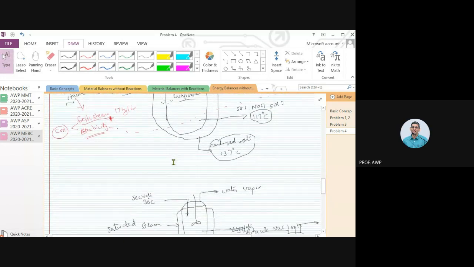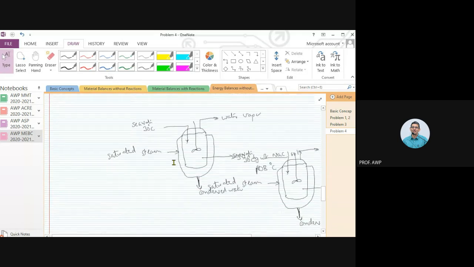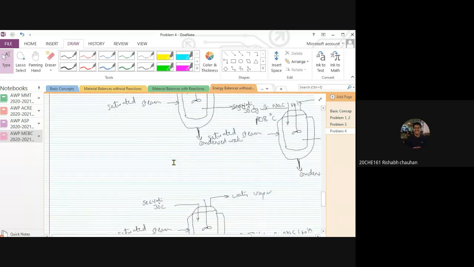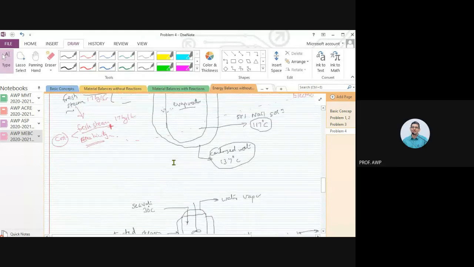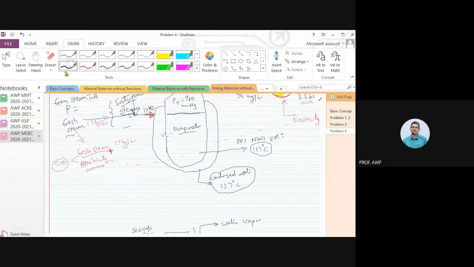Somebody had some doubt. Somebody was going to ask something. Yes, go ahead, Akshat. Can't we use RO? Using reverse osmosis is a different option. But yes, you are right. You can use reverse osmosis, but reverse osmosis also will require some amount of energy. We will require pressure because seawater will have to be increased in pressure.